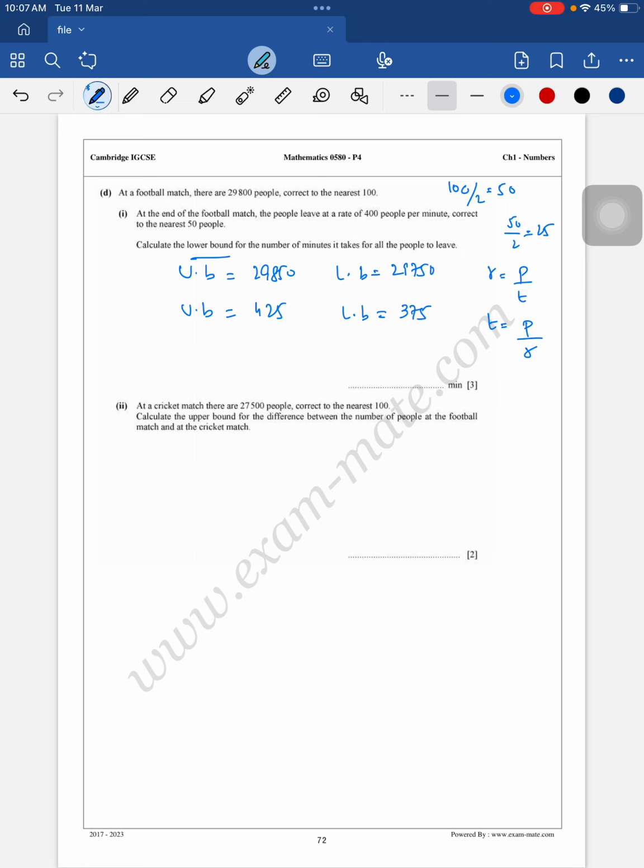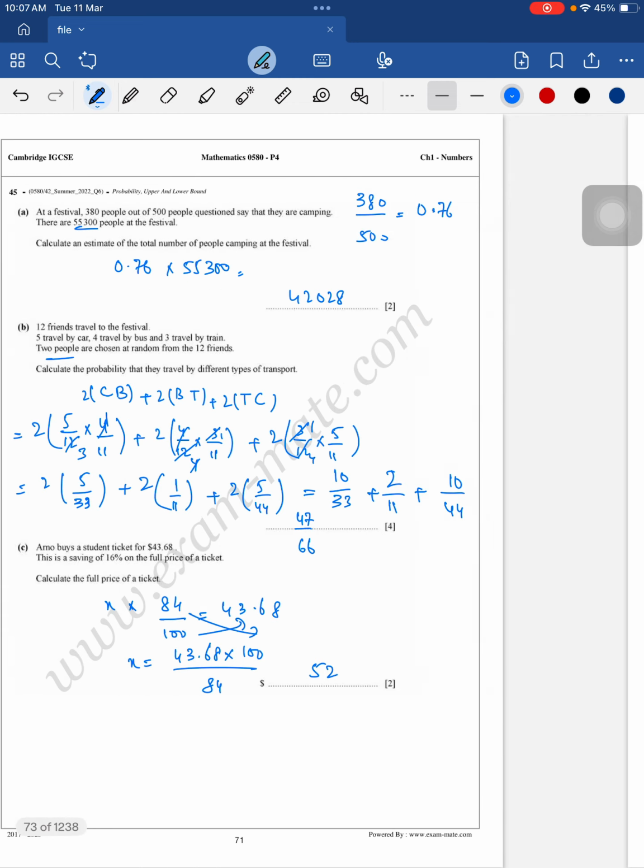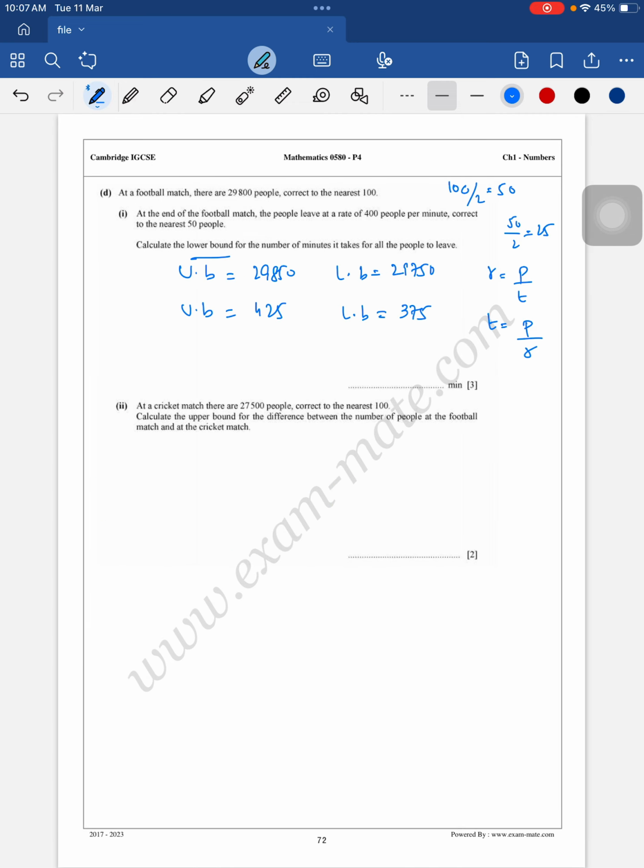We have the value for the people and the value for the rate as well, and it is asking us for the lower bound. For the lower bound, in the numerator we put the lower bound value, and in the denominator we put the upper bound value.